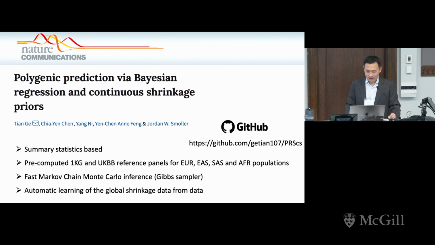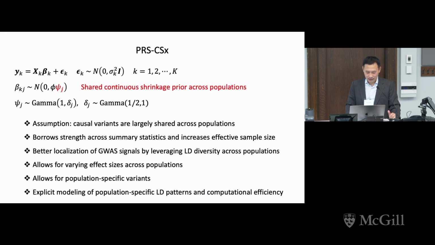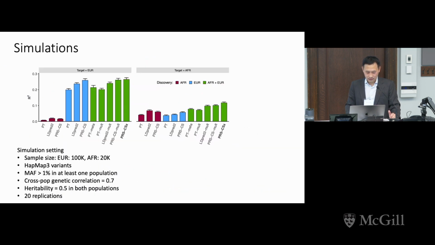All right, I'll keep moving considering the time. This is the performance we have evaluated using PRS-CS. The first message I want to tell everyone is if you already have a large European cohort and a relatively smaller Asian or African cohort, adding the smaller non-European cohort probably won't help you much for your European prediction, because the heterogeneity will probably kill the power you bring by adding the additional data.